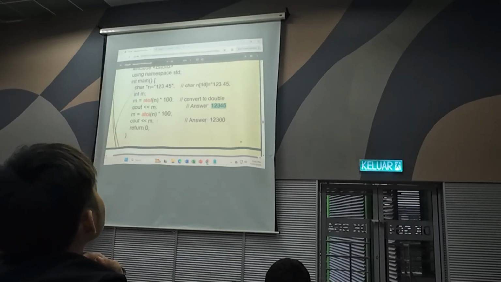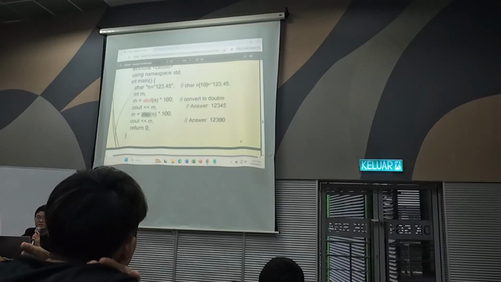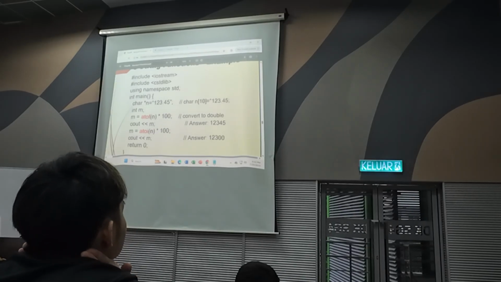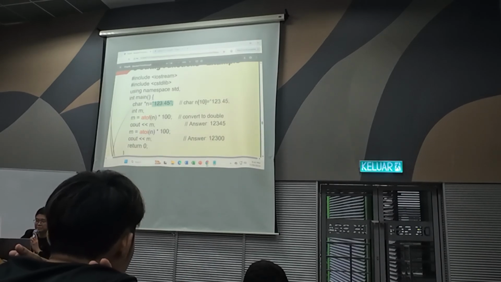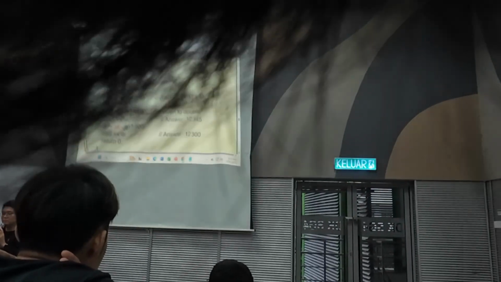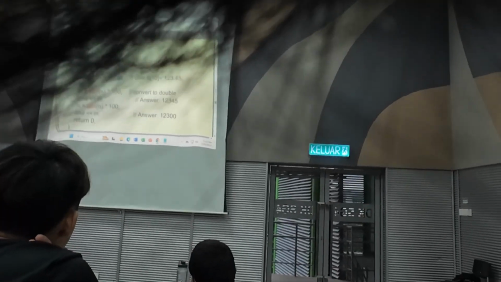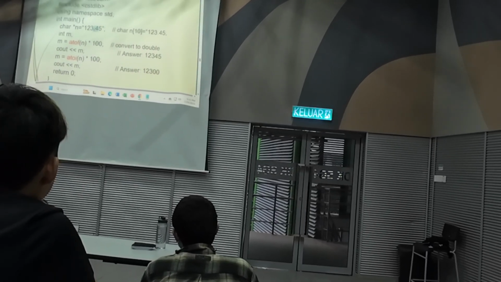Okay, let's take a look at this atoi, ASCII to integer. When it converts, it is a bit special. Let's say I have the same text, 123.45. If I put it into this function to convert it into integer, it only reads the integer in front. The decimal behind, it will ignore everything. It will not convert .45.